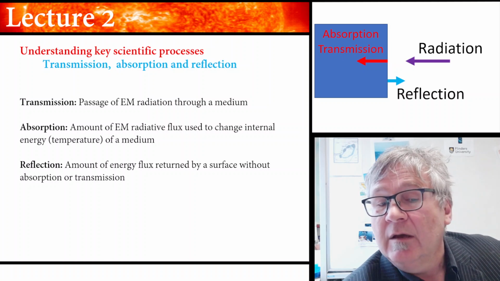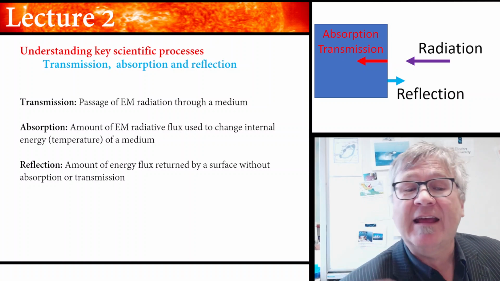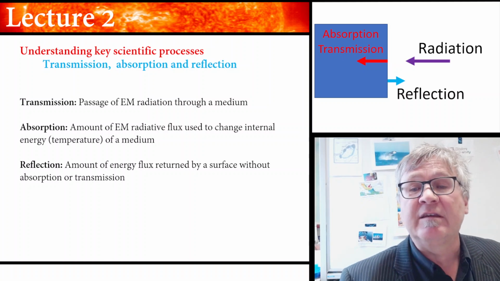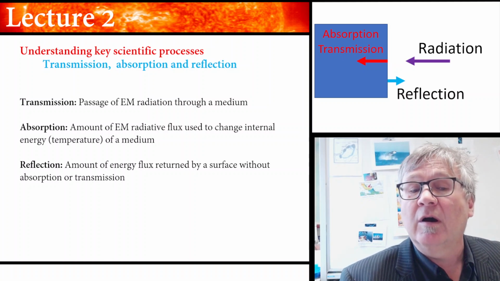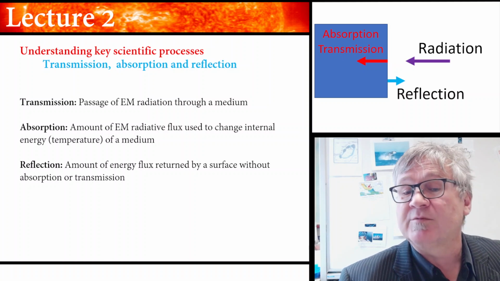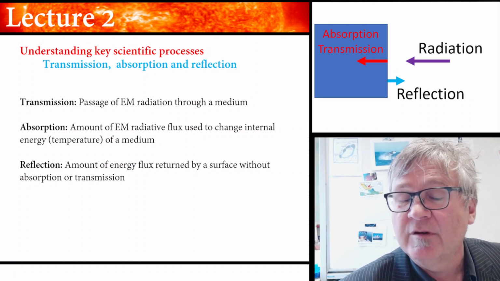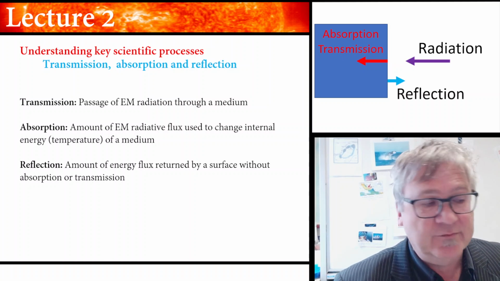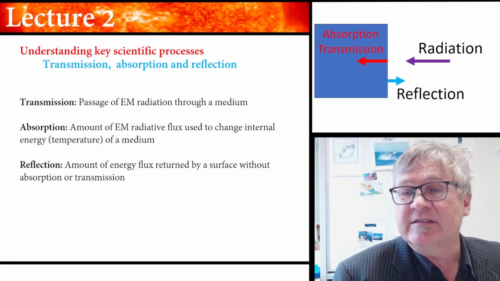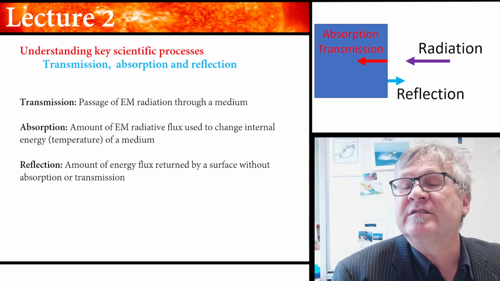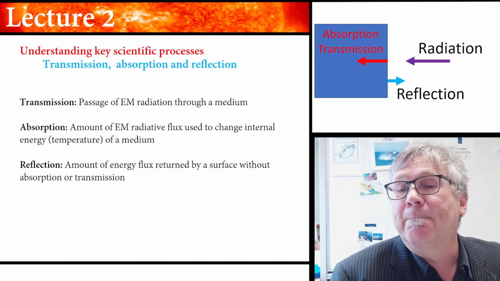So first of all, what do we mean by reflection? Reflection is the amount of energy flux returned by a surface without absorption or transmission. So there's a little sketch up here, and reflection is the one that bounces back.